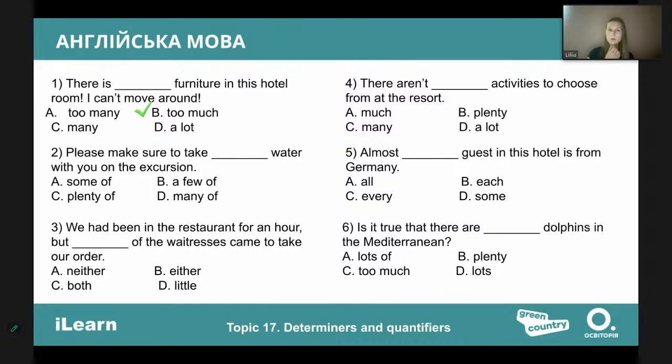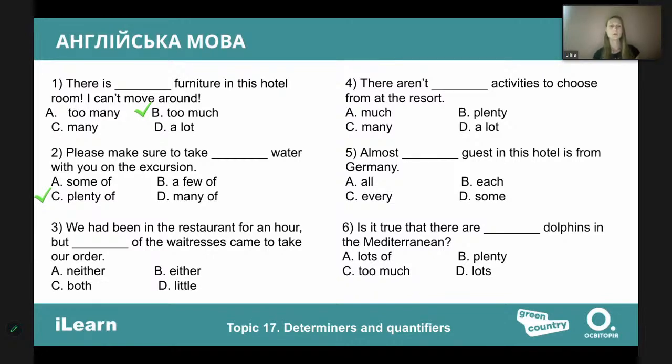We can count pieces of furniture like a table, a sofa, a chair, but we cannot count furniture. So that's why it's too much. All right, number 2. Please make sure to take plenty of water with you on the excursion. Number 2 is C, plenty of water. Yes, so you need a lot of it.